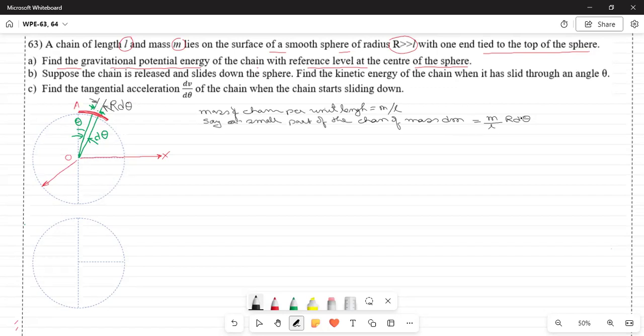Now, let us find out the potential energy of this differentially small part. This is dU.